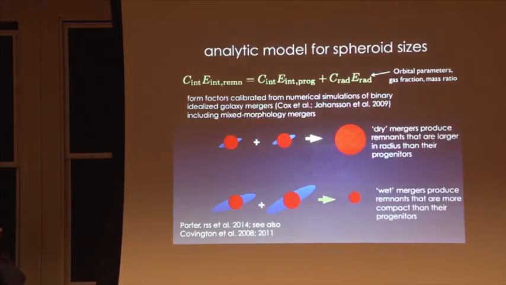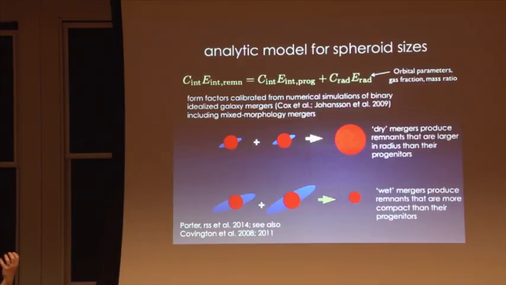Okay, so then recently we decided to develop a new model for estimating the sizes of spheroids that form in these mergers and disk instabilities. And once again, we just sort of use the simplest idea we could think of, which is conservation of energy, right? So you have two progenitors, you combine them. The energy has to be the energy in the progenitors, the energy of the orbit, and you have to subtract any energy that gets dissipated by cooling.